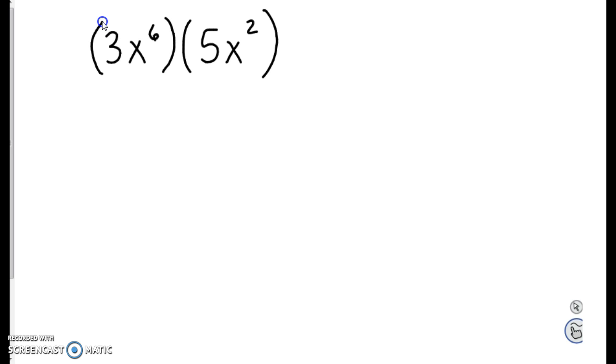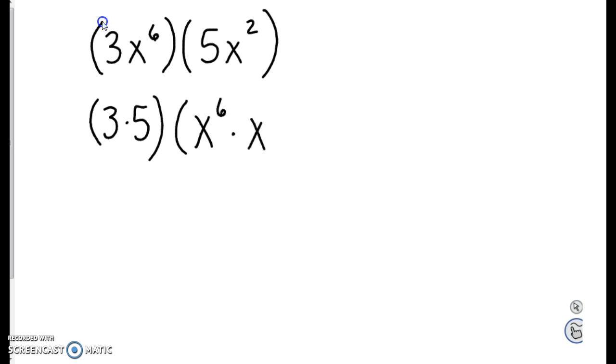Our coefficients are the numbers that are in front of each term. So I'm going to group together the 3 and the 5, my two coefficients, and I'm going to group together my two common bases, x to the power of 6 times x to the power of 2.